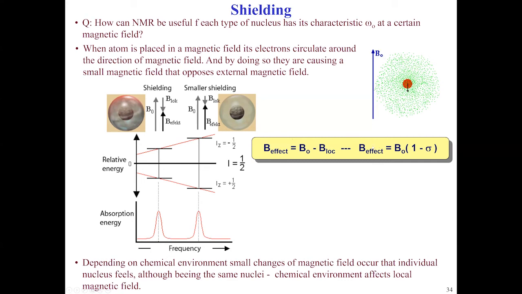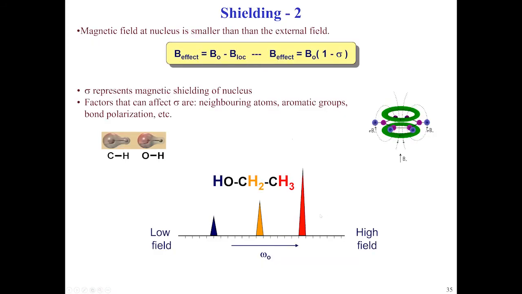So the net or effective field felt at the nuclei is B0, in Tesla, minus a little term that we call chemical shielding. And if the electron cloud has been a little bit delocalized or added to, the nuclei will feel a different magnetic field, and their resonance signals will appear at different positions.